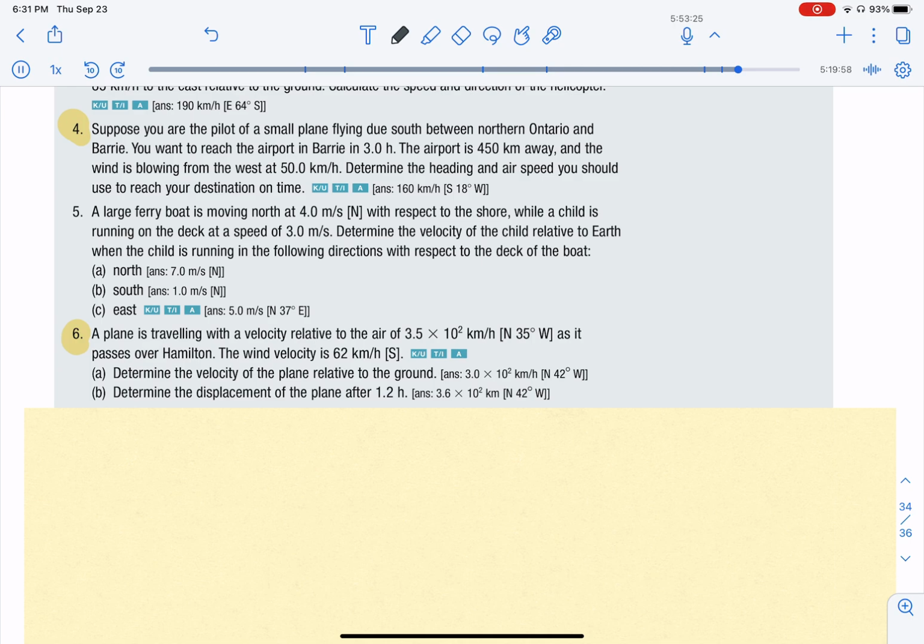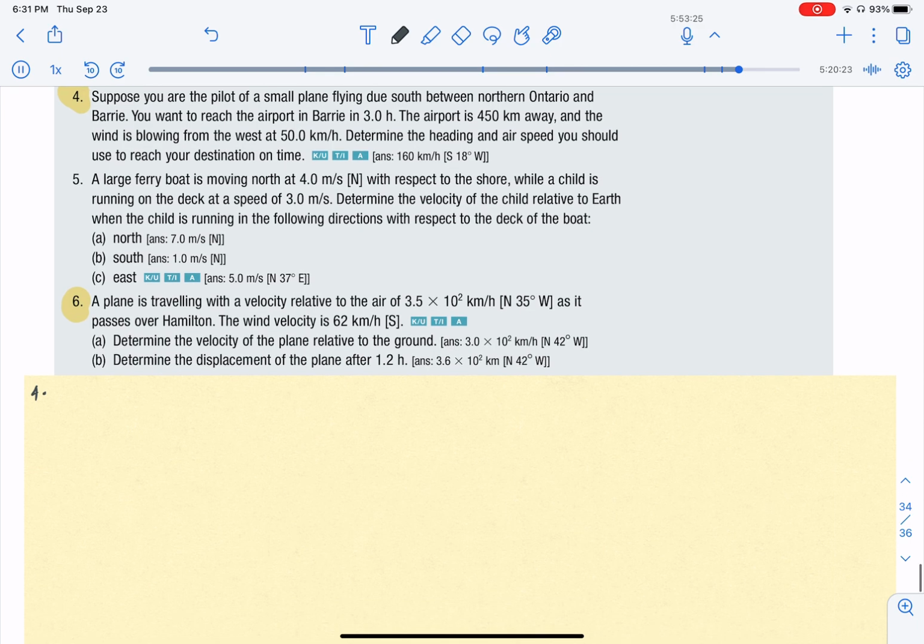We want to keep it simple. We can write VPG equals the velocity of the plane relative to the ground. So I have P and G: plane relative to the ground.